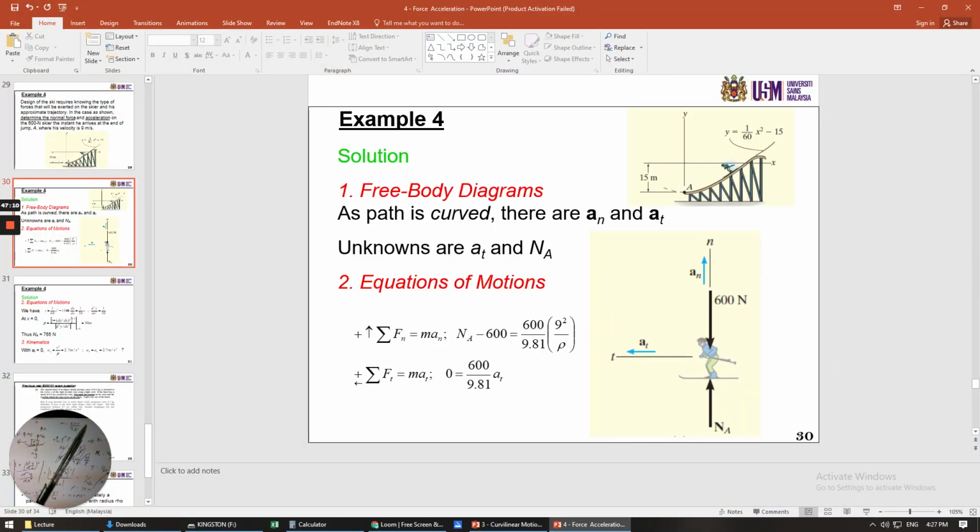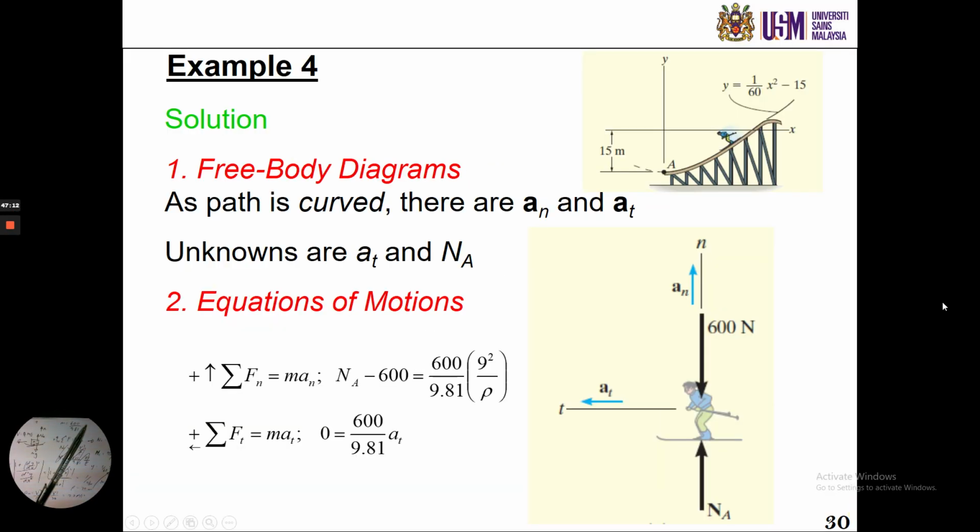Okay, let's check our calculation with the solution. Firstly, of course, we have to do the free body diagram. So there is weight pointing downward, which is 600 Newton, and there's N, the normal force, going upward, and also the acceleration in the normal direction going upward as well. And there's a tangential acceleration going to the left, which is actually 0. Okay, so sum of force equals ma in the n direction.